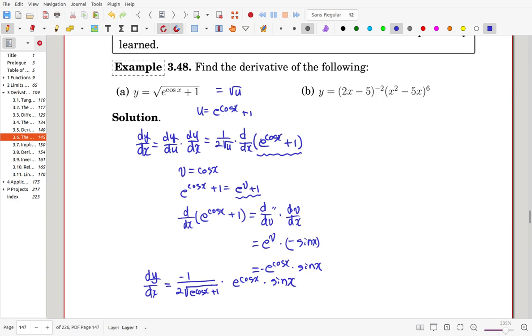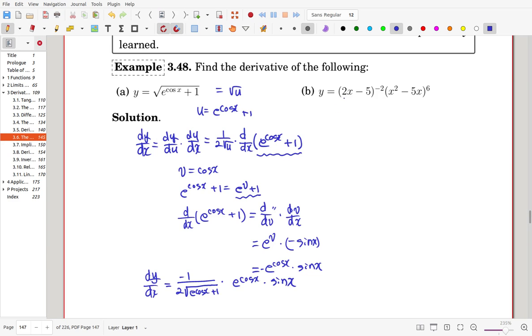It's a little bit complicated, but the idea is that we can use the chain rule more than once to get the derivative. So in this case, we used the chain rule twice.